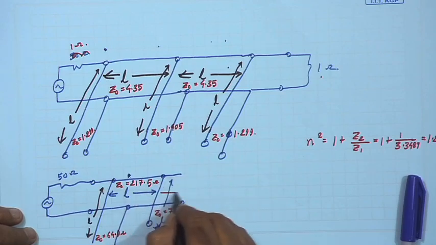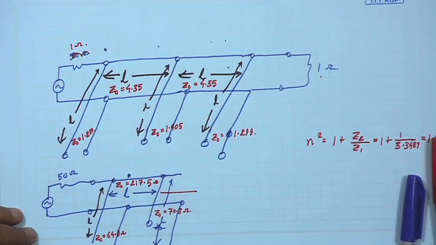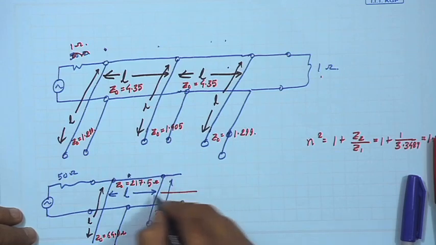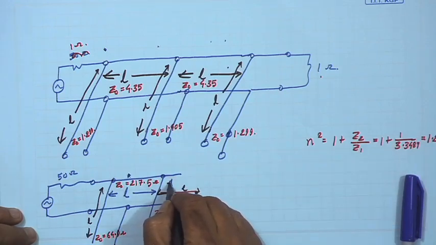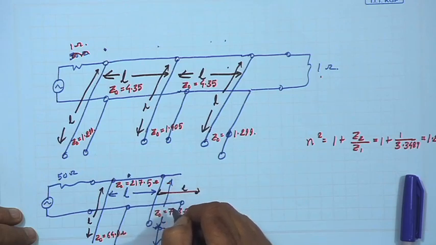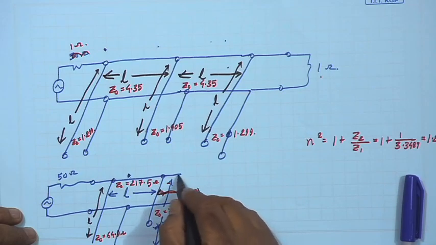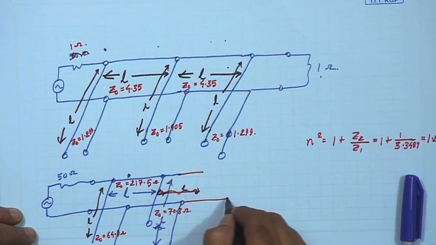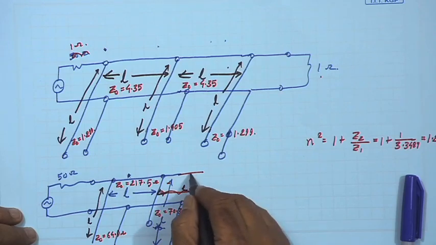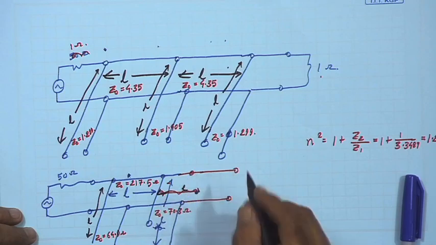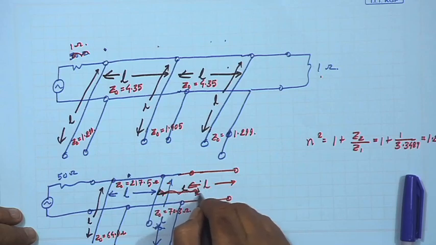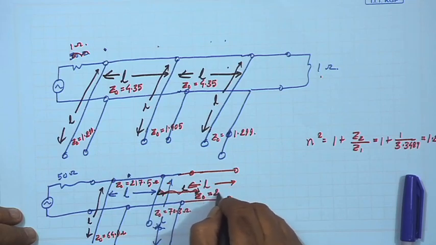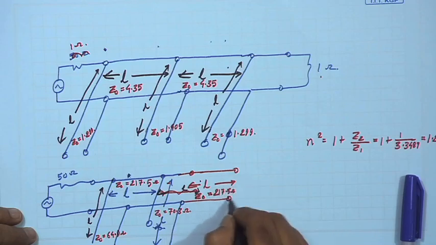Then here again, this is L, and again the Z naught is 7.3. From here to here there will be another line, and there the length is L and Z naught is 217.5 ohm, another unit cell.